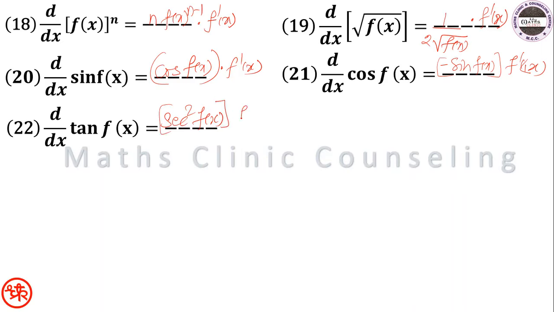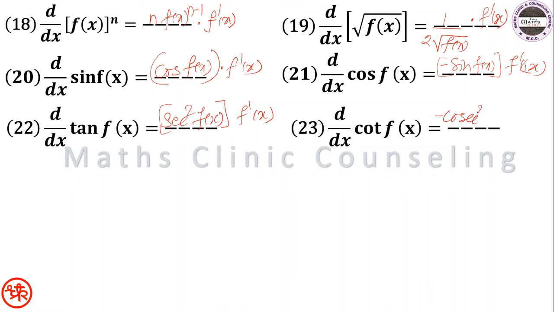Is that clear? Into f dash of x. That is chain rule. All these formulas are based on chain rule. d/dx of cot f of x is minus cosec square f of x into f dash of x. Is that clear?